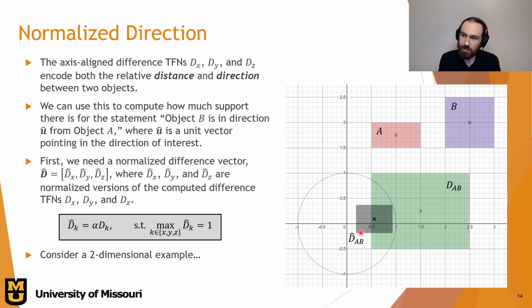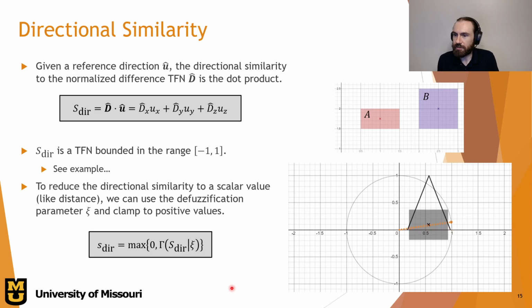Now if we normalize this down to a unit vector, so we take the maximum of these corner points and make that maximum value 1, we'll end up with a normalized version of this. And we can now take that normalized version of the direction and take the dot product of that with a reference direction, so u hat, which is a normalized unit vector.